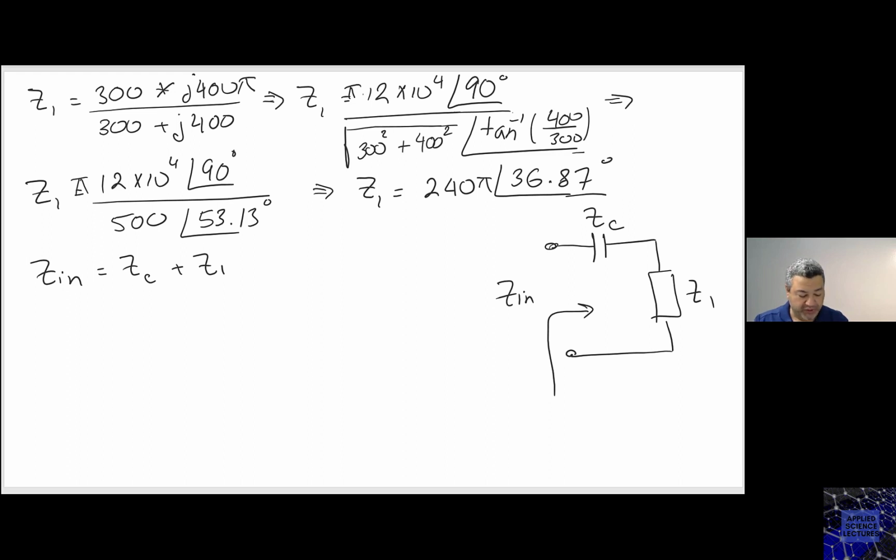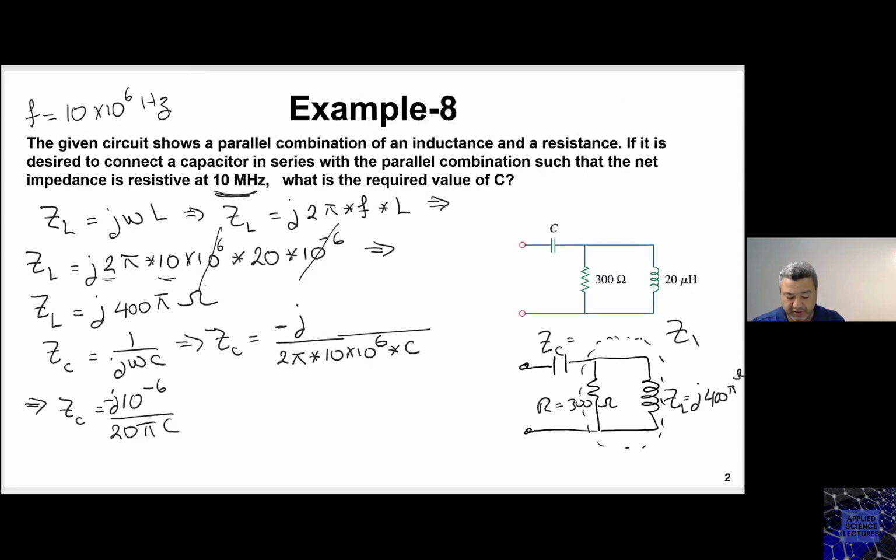So now the total impedance Zn, after we found the equivalent impedance for the inductor and for the resistor that are in parallel, is 240 pi. Okay, now we have it here.